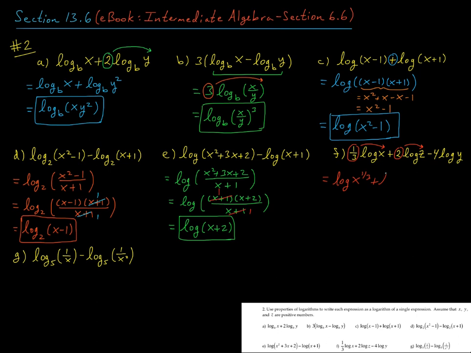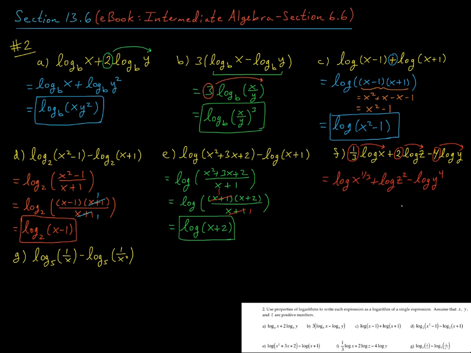So this would be plus log of z squared. And then here, this 4 is multiplying the log of y, so that's going to give me a minus log of y to the 4th.